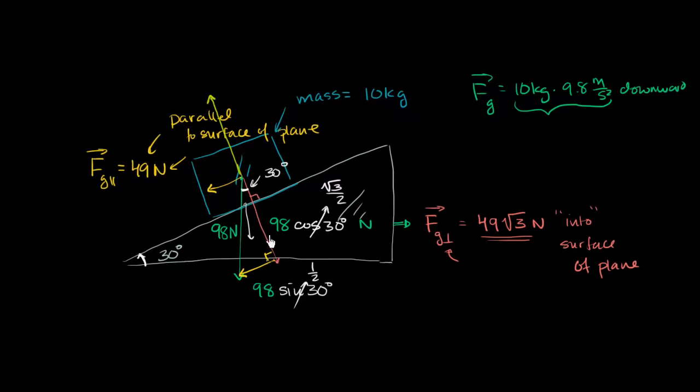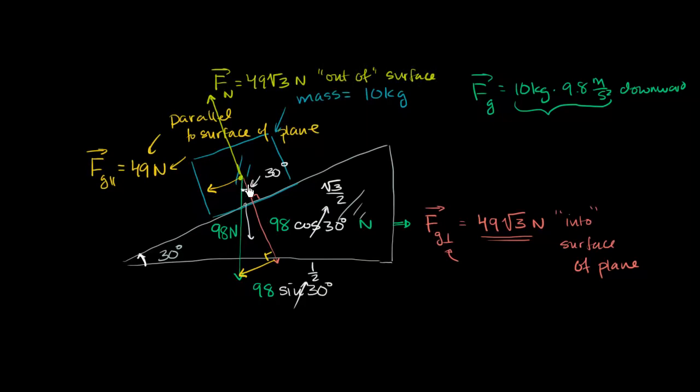It's going to be 49 square roots of 3 newtons, because this right here is 49 square roots of 3 newtons into the surface, so this is 49 square roots of 3 newtons out of the surface. And this is the normal force.